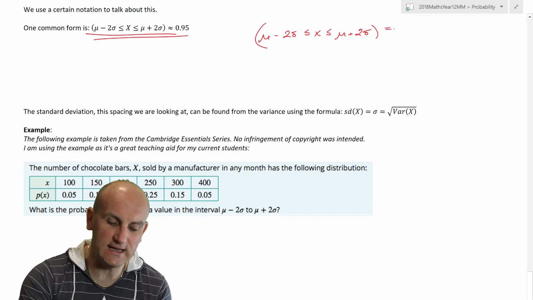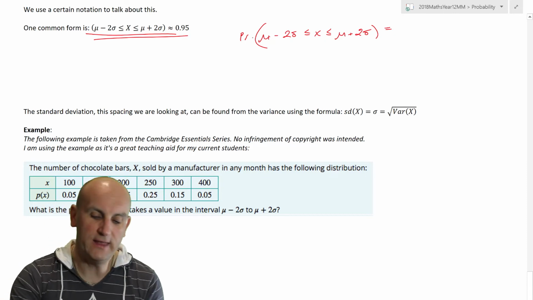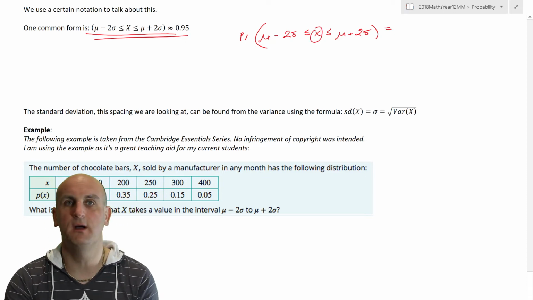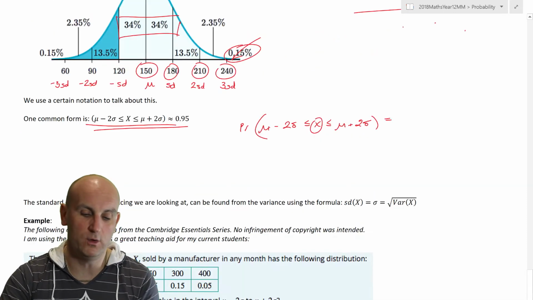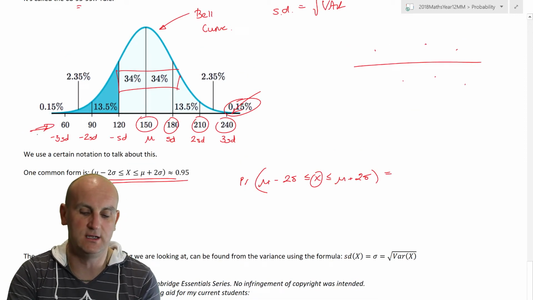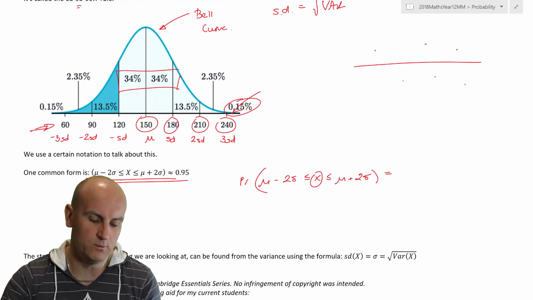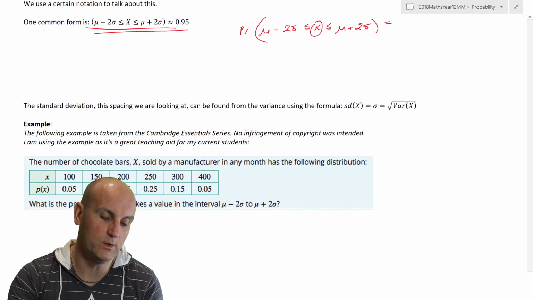Now what that's saying is, find the probability, and I'll come back to that in a moment, that my data, my random variable, and these are the values here of my random variable, 60, 90, 120, 150. This could, for example, be the number of minutes it takes me to complete my homework, or a group of people to complete the homework.